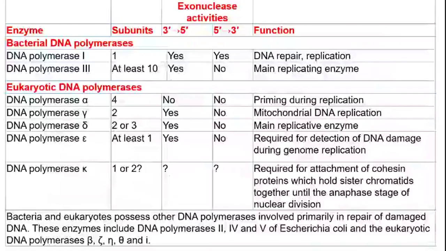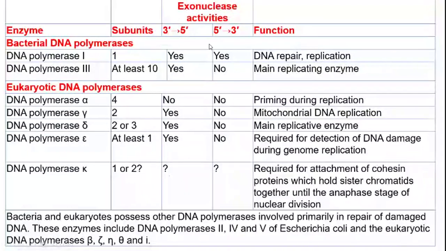So this table here depicts a number of the enzymes. See the enzymes on this side, DNA polymerase 1, DNA polymerase 3, found in bacteria. You can see subunits, at least 10 in DNA pol 3, like we have seen earlier on.